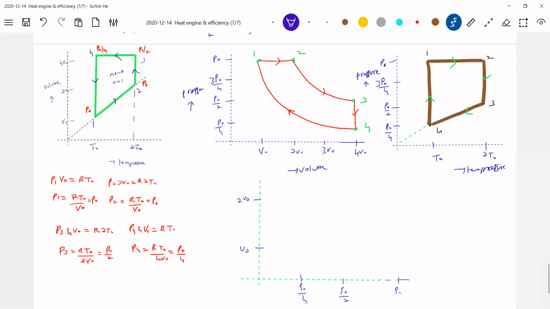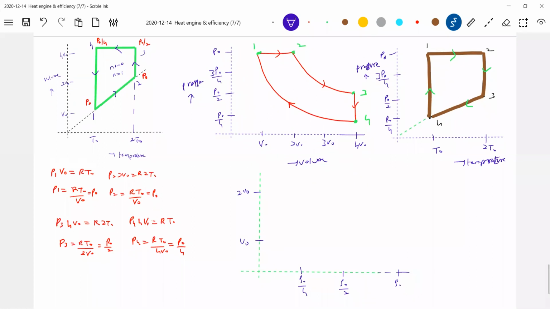It may not be up to the scale. So how can you say? Volume V naught means density will be rho naught by 2, rho naught by 4. Look here, rho naught by 2, 2 V naught. Now look at this. Rho naught by 2, rho naught by 4 will come. If I indicate here, you'll get confused. So let it be like this only.